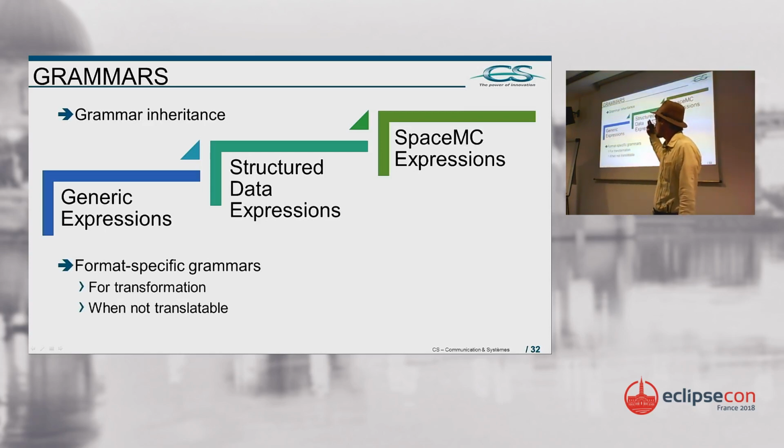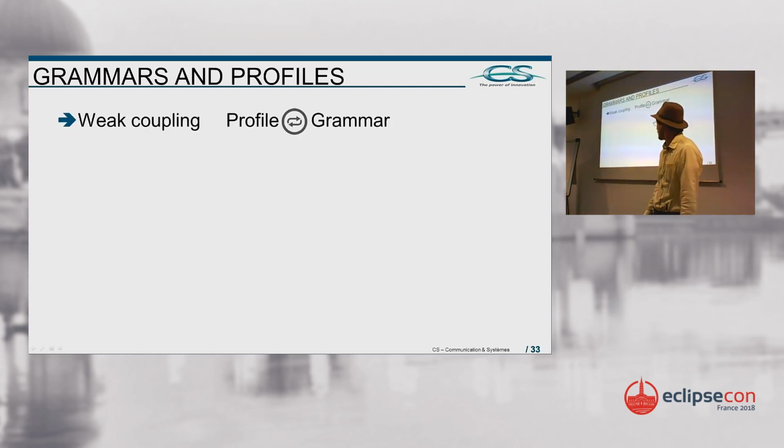Also, we have additional specific grammars with Xtext, which are used mainly for mapping, for transformation, and when an element cannot be translated to these generic grammars. These grammars are related to profiles. So we wanted to have a weak coupling between profiles and grammars to facilitate maintainability.